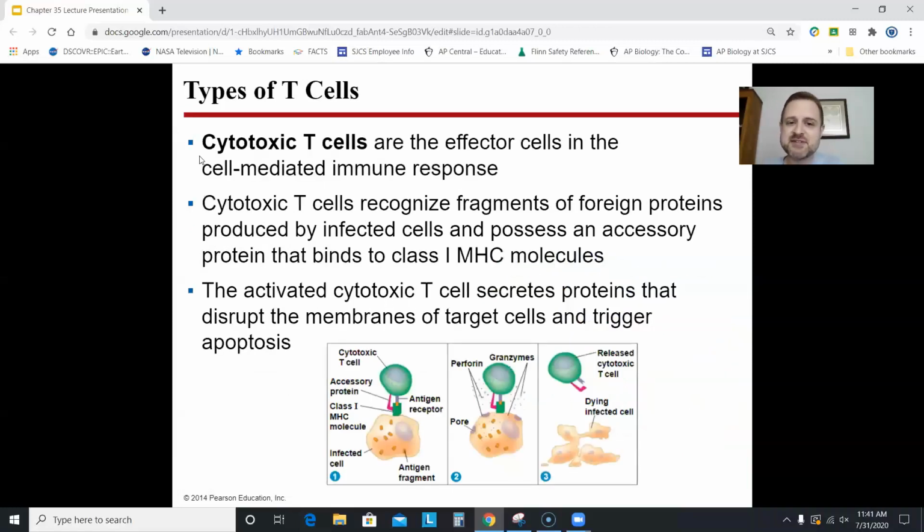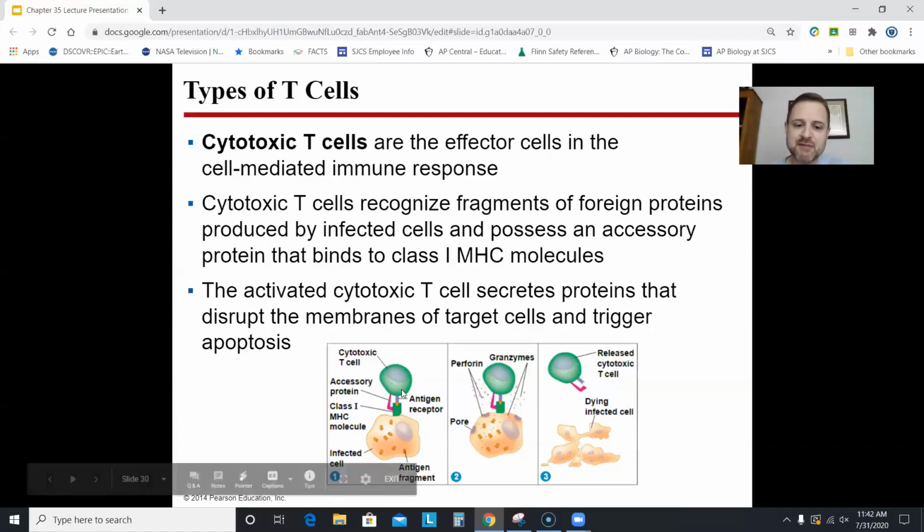Cells called cytotoxic T cells, the name kind of gives it away. These are the types of T cells that actually fight off invaders. Oftentimes they will contain proteins, or they'll secrete proteins that disrupt the membranes of the pathogen and kill them. Here I have a cytotoxic T cell that's been activated by binding to the MHC antigen complex that's being presented by a cell that's infected.